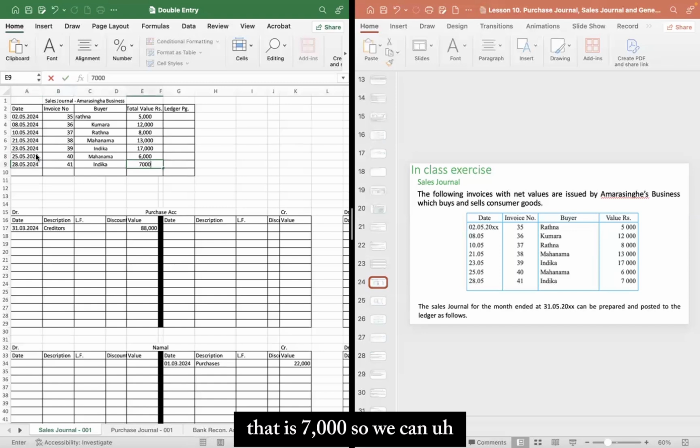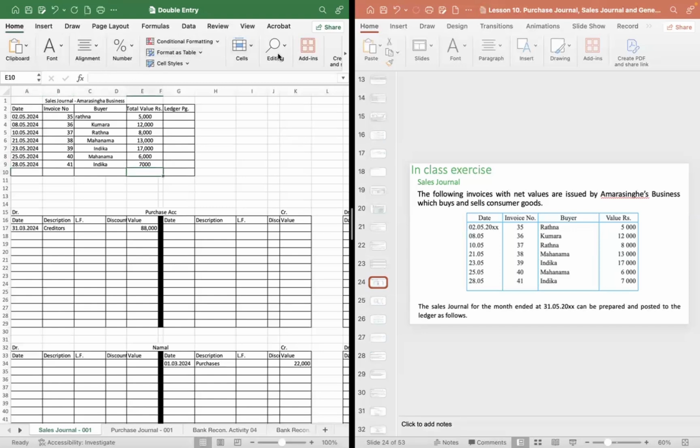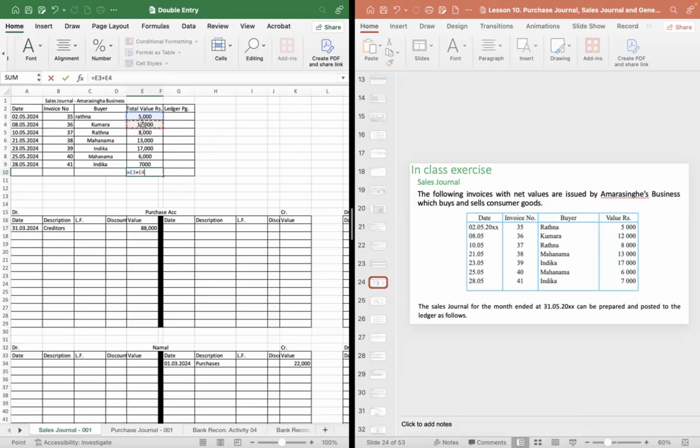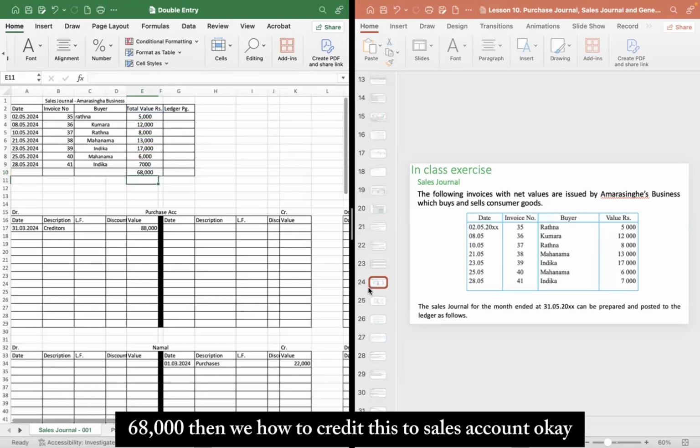That is 7,000. So we can add them all and see how much of sales has been made. $68,000. Then we have to credit this to sales account.